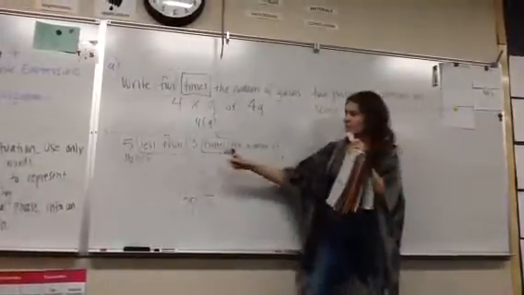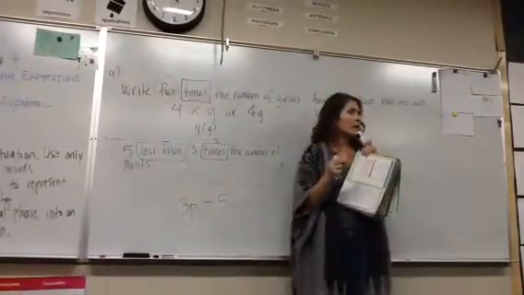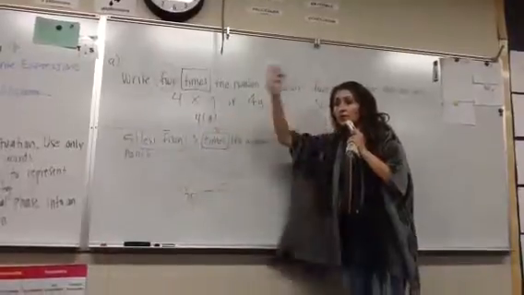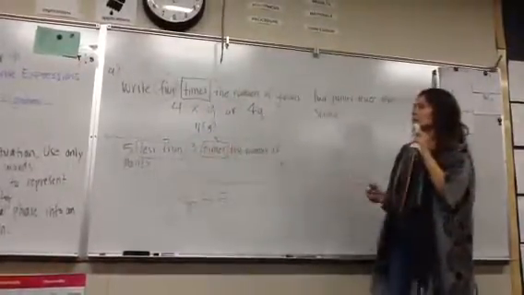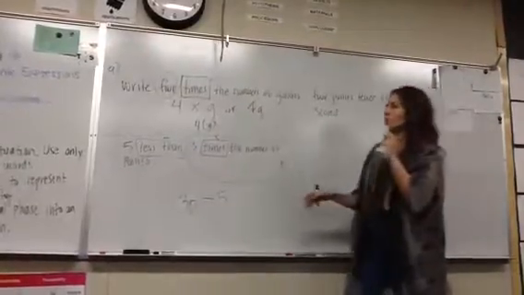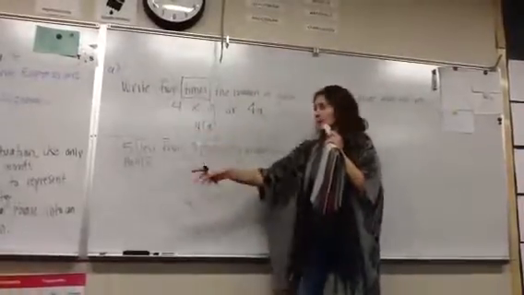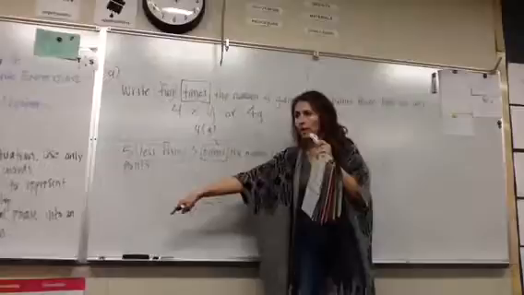Notice that the minus and the 5 did not go in the front. Why? Because it stated that it was 5 less than this thing, so this thing has to go in the front. A lot of kids will always look for the key phrase less than, less than this thing. That means this has to go in the back, because you're saying it's 5 less than whatever this is.